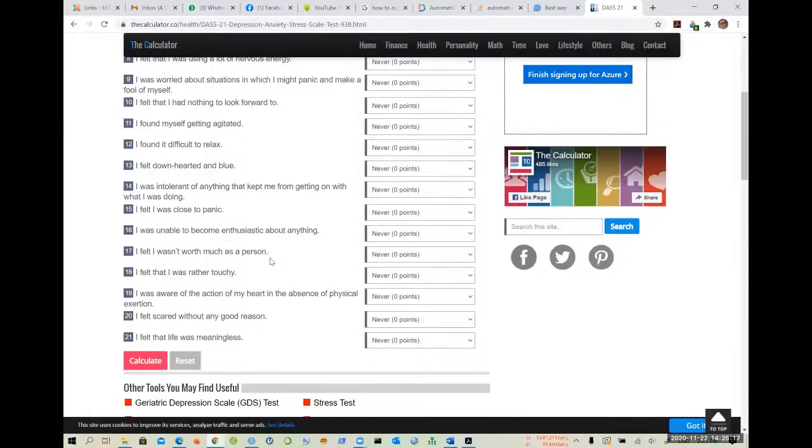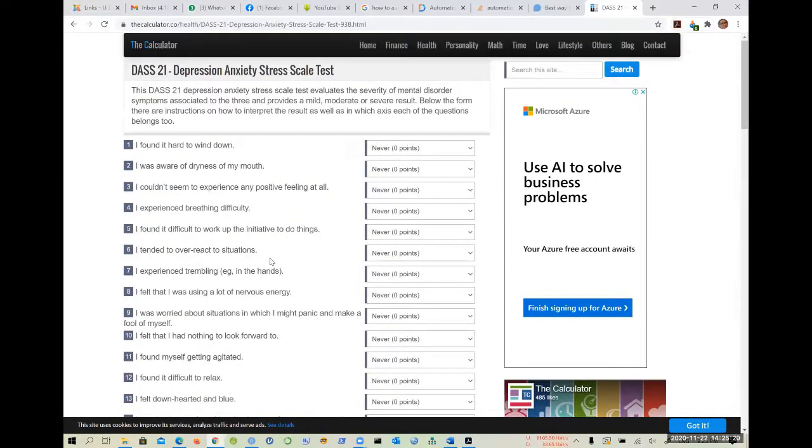So you buat Google form, and then you distribute the Google form to your friends or to the students of UiTM Kedah and so on, and try to come up with the answer. In this case, I found it hard to wind down. So yang ni maksudnya saya menghadapi kesukaran untuk menenangkan diri saya. Contohnya, this is the direct translation.